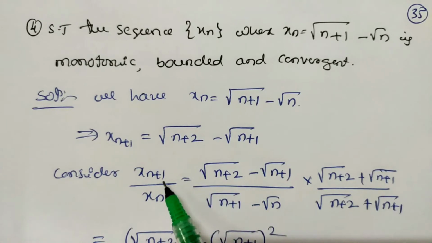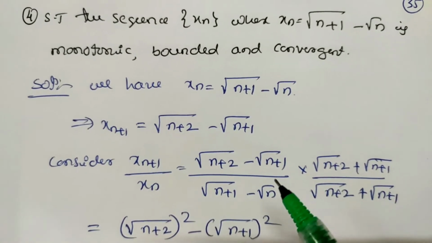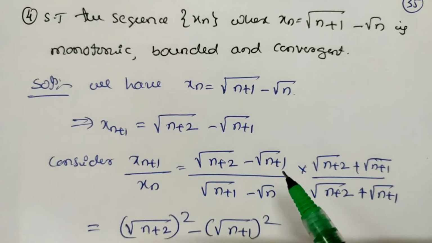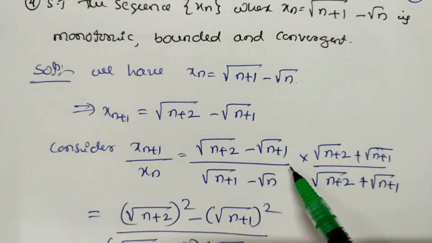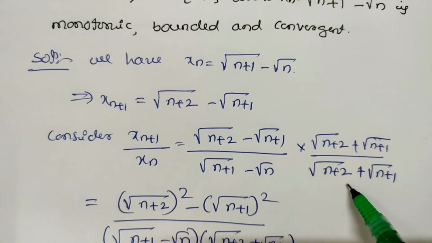So let us take the ratio of these two, xn plus 1 divided by xn. Let us multiply and divide by the conjugate of the numerator, not the denominator. Just concentrate on this. Multiplying and dividing by the conjugate of the numerator, so root of n plus 2 plus root of n plus 1 you have to multiply and divide.